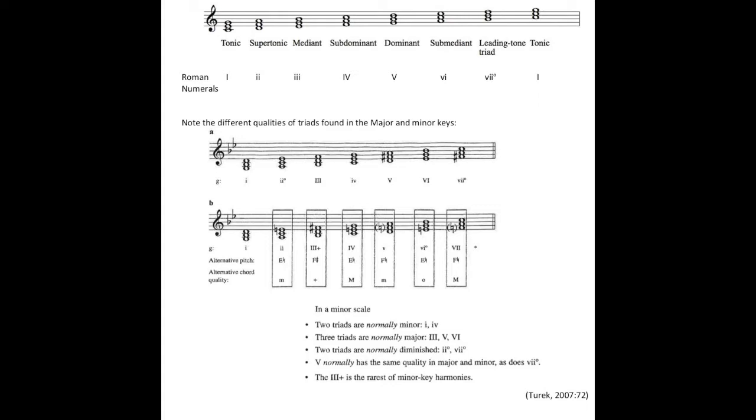So compare that with chord 2 in a major key, which would be a minor chord. Chord 3 in G minor is actually a major triad. Chord 4 in a minor key is minor.